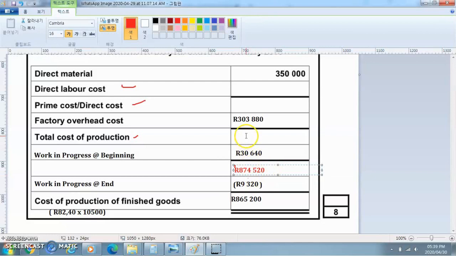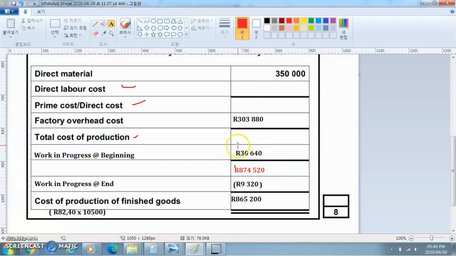Okay, and then we're working backward. Now when we have to get the total cost of production here, we have to minus this one. Remember, for us to get this one, we actually added this one. So it was this one plus this one, and then we got this one. If we have to go back, we say this one minus this one, and we get this one here.